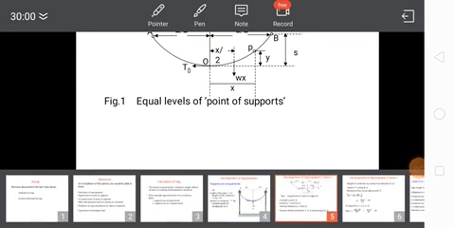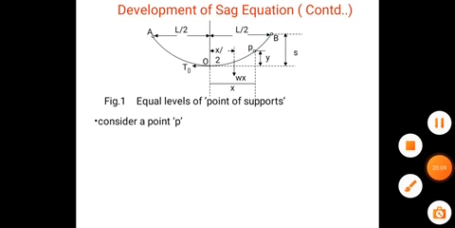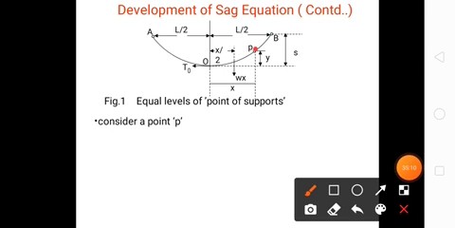Here the curvature OP is very small. Consider the horizontal distance to be x, and its vertical component, that is y.